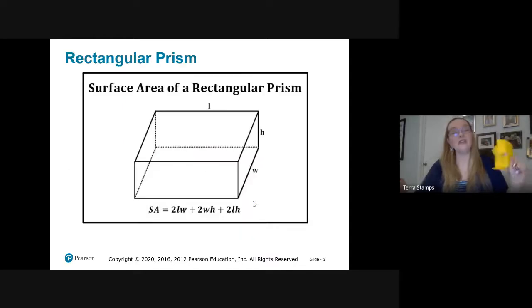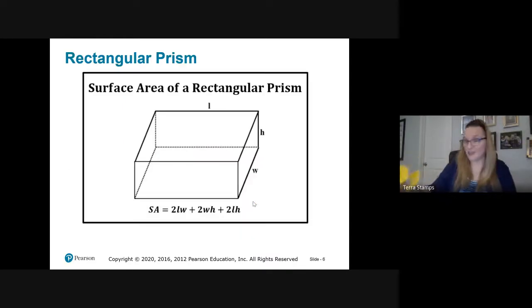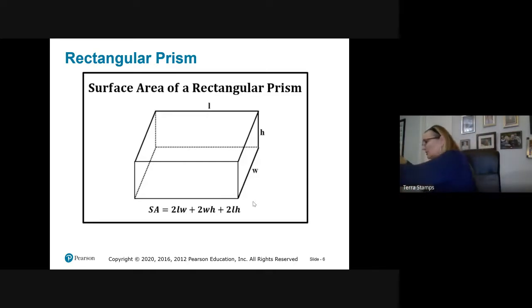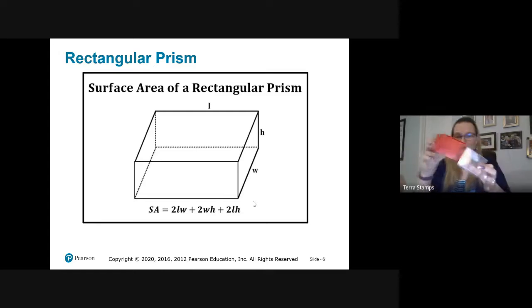All right. The surface area of a rectangular prism is given by the formula 2LW plus 2WH plus 2LH. What's that formula about? Let's look at the right rectangular prism. When we unfold it, we have the 2 bases, and then we have 4 sides.